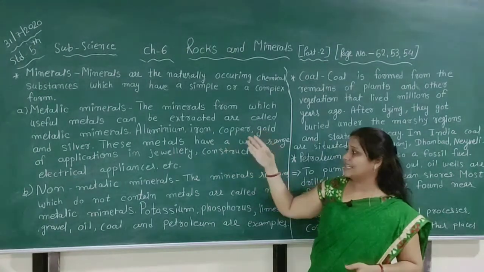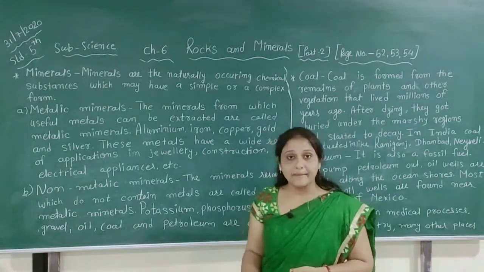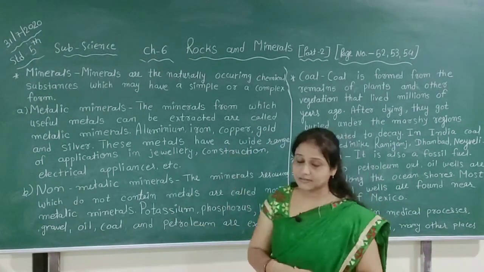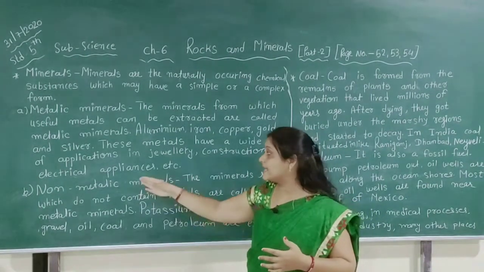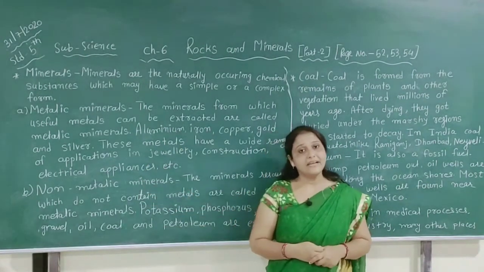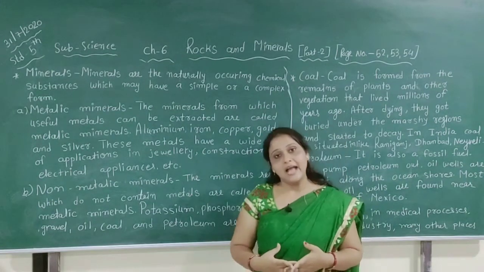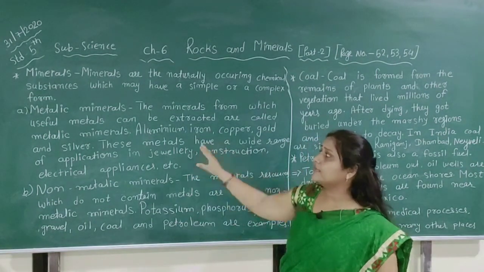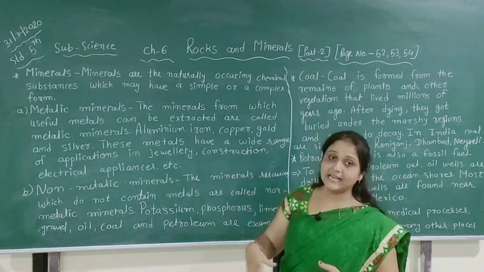Gold and silver are used to make ornaments. So this is the first type of mineral, metallic minerals.